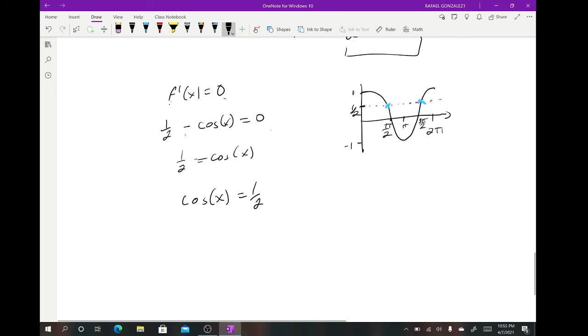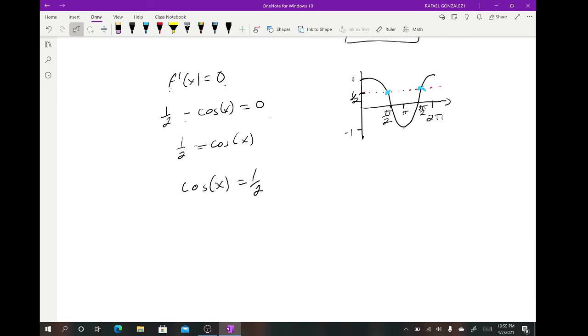Now, if you remember how to use the right triangle trigonometry, the reference triangles, and in particular the unit circle, you'll figure out, and I'm not going to spend too much time doing that, that cosine of x is equal to 1/2 on the interval 0 to 2 pi when x is equal to pi over 3 and when x is equal to 5 pi over 3.